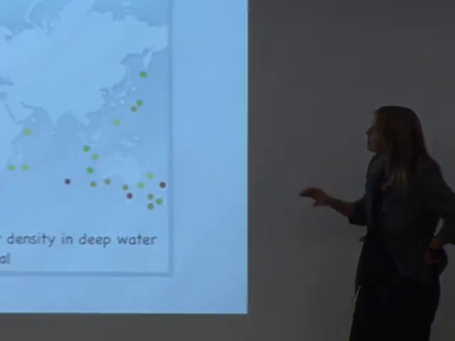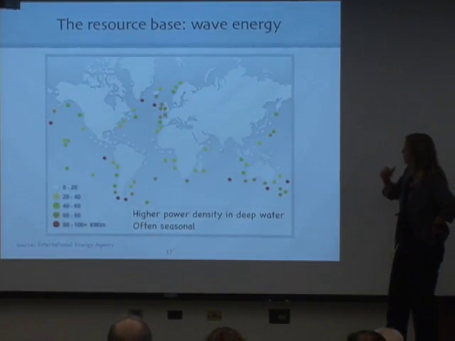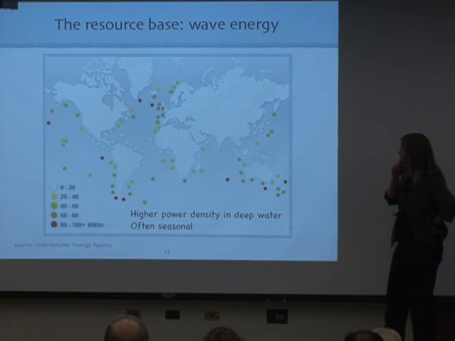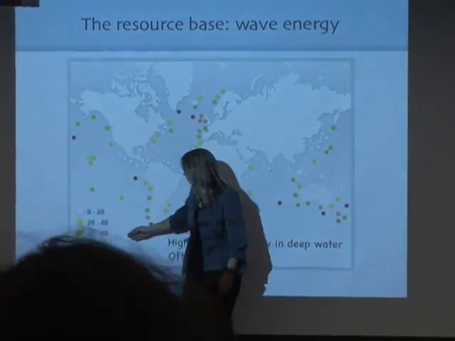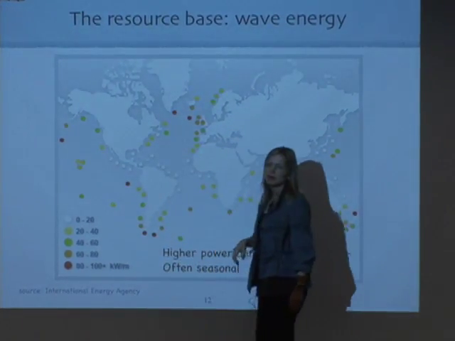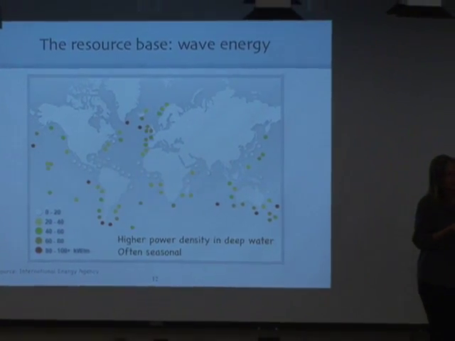So let's have a look now at the current estimations of the resource base in a bit more detail. So if you're looking at wave, it's not equally distributed, as you can see. The more red, the higher the energy content. Most people are doing things between sort of 40 and 80 kilowatts per meter wave energy density or power density, not below.